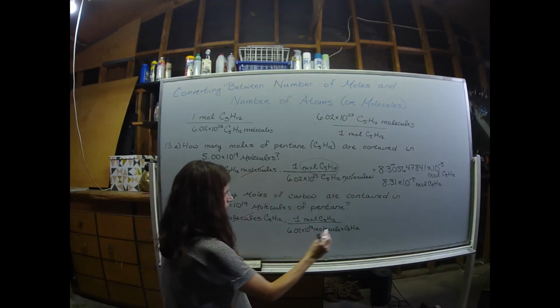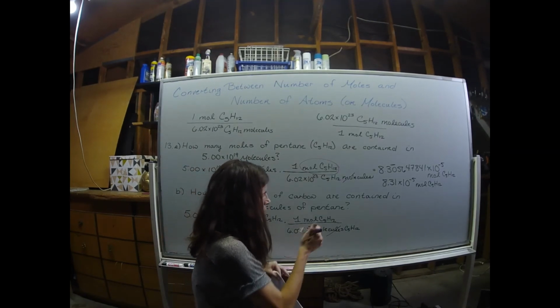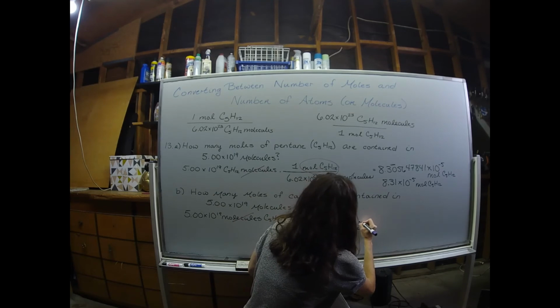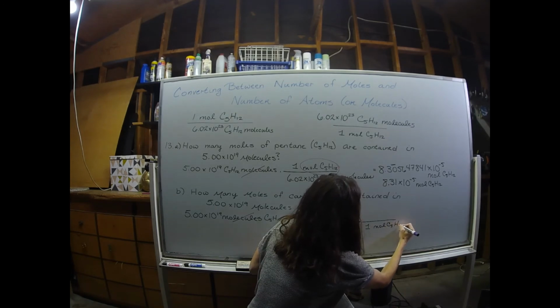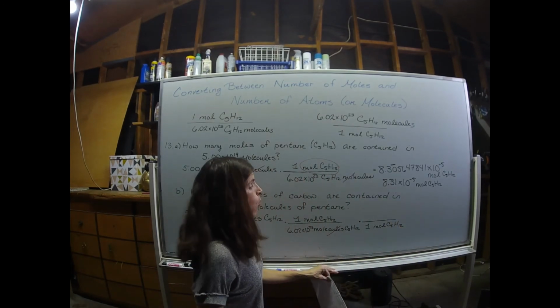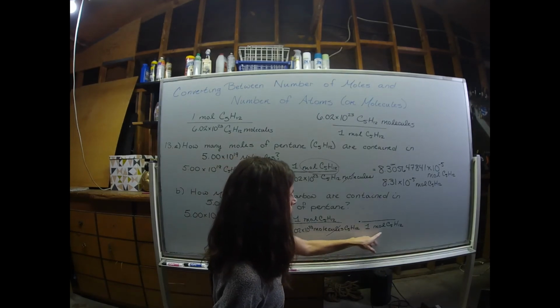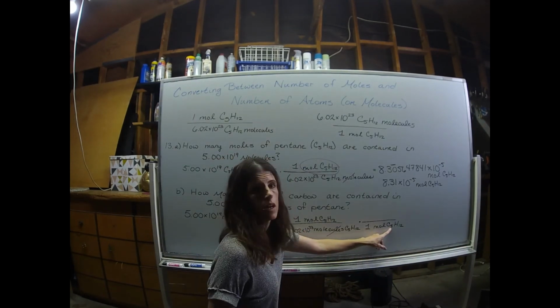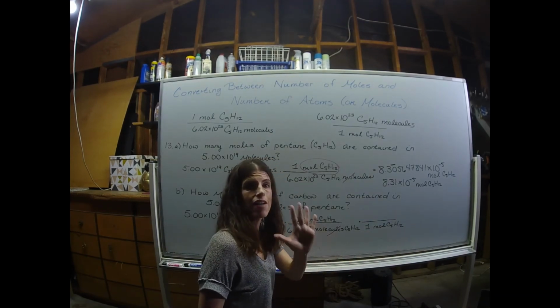So this is canceling with this. However, at this point, I need to get rid of the moles of pentane, so I'm going to write 1 mole of pentane on the bottom. What do I know about pentane? Well, from its formula, I know that 1 mole of pentane has 5 moles of carbon.